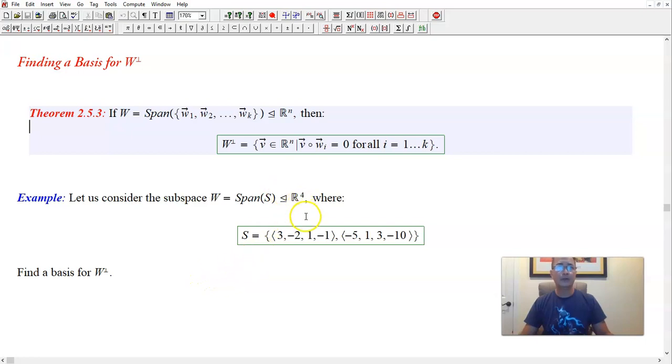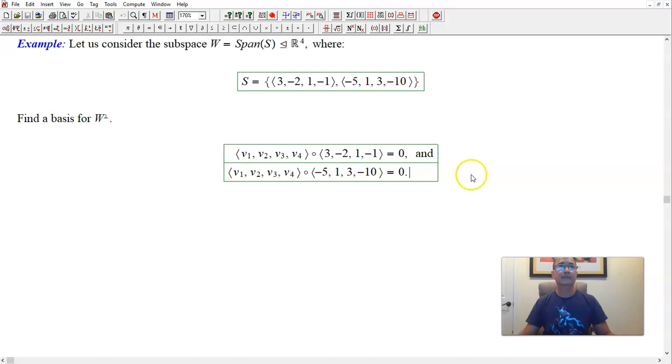So according to this theorem, all we have to check is that the dot product of our vector V in Rn is 0 with both of these vectors. Okay. So if we represent our vector V as V1, V2, V3, V4 as usual, we must have that the dot product of V with the first vector must be 0, and the dot product of V with the second vector must also be 0.